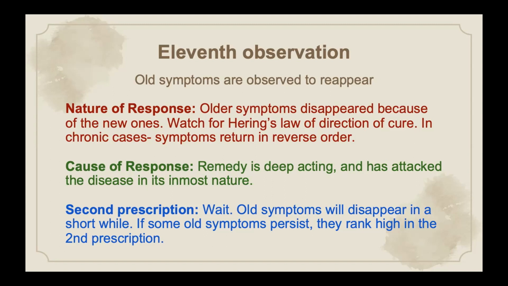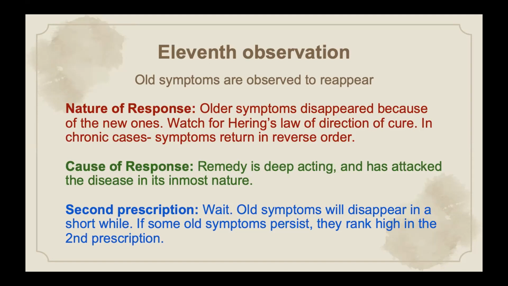They were suppressed. So you really want to watch out for those older symptoms and wait, because it does indicate that your remedy is deep acting. It has attacked the disease in its innermost nature, helped with the asthma, which is more detrimental to health and vitality than the skin, and the ailment has come to the periphery. So your best bet is to wait.